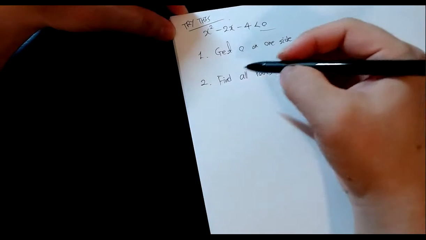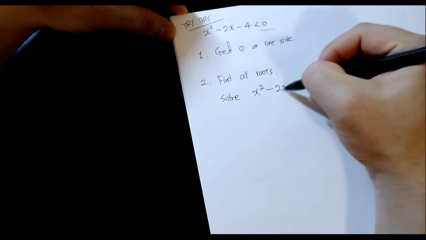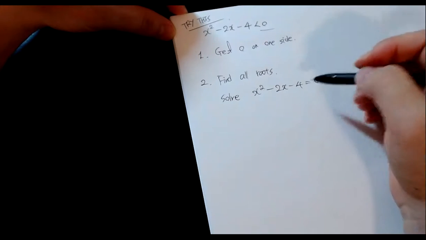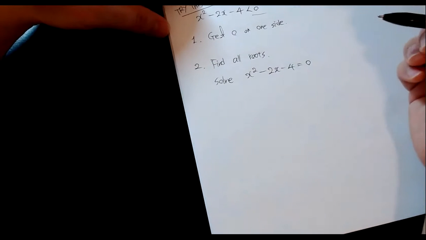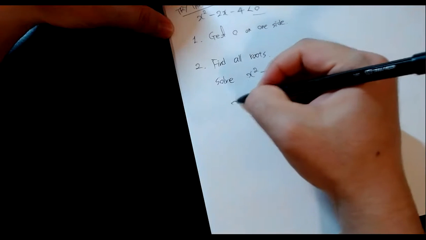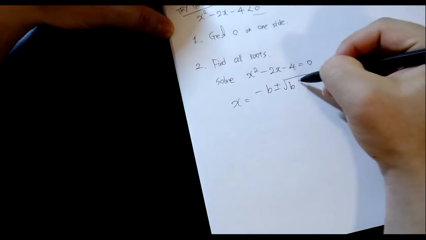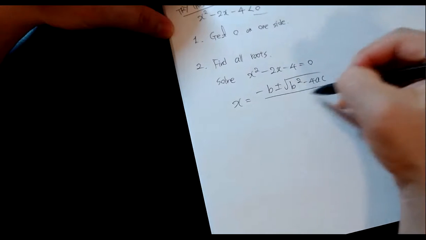So now we solve the equation x squared minus 2x minus 4 equals 0. Let me use the quadratic formula. Normally we use this: x is equal to minus b plus or minus the square root of b squared minus 4ac, over 2a.